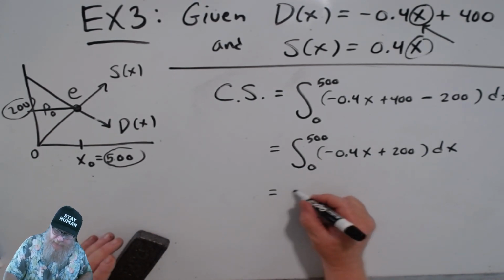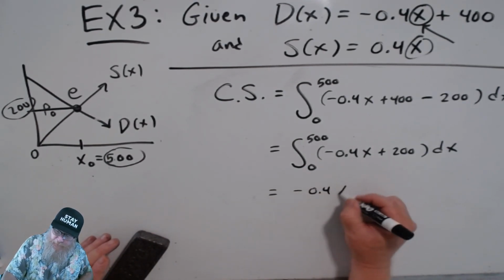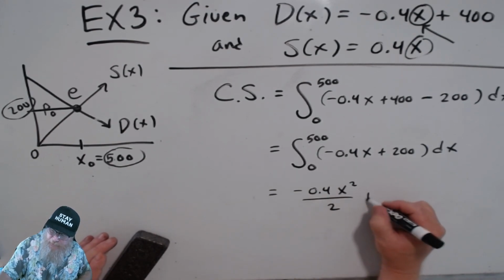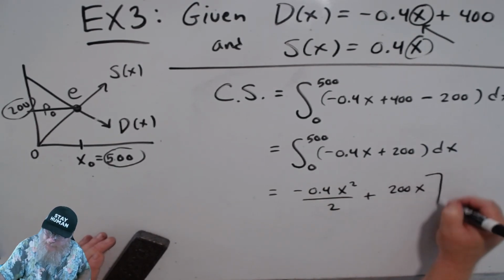So now I take my antiderivative, negative 0.4x squared over 2, and then 200x.